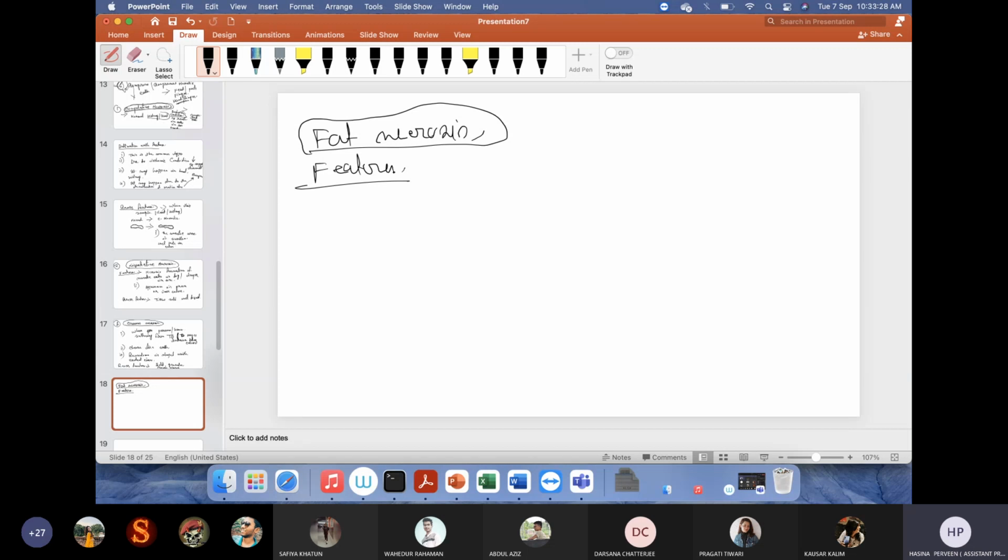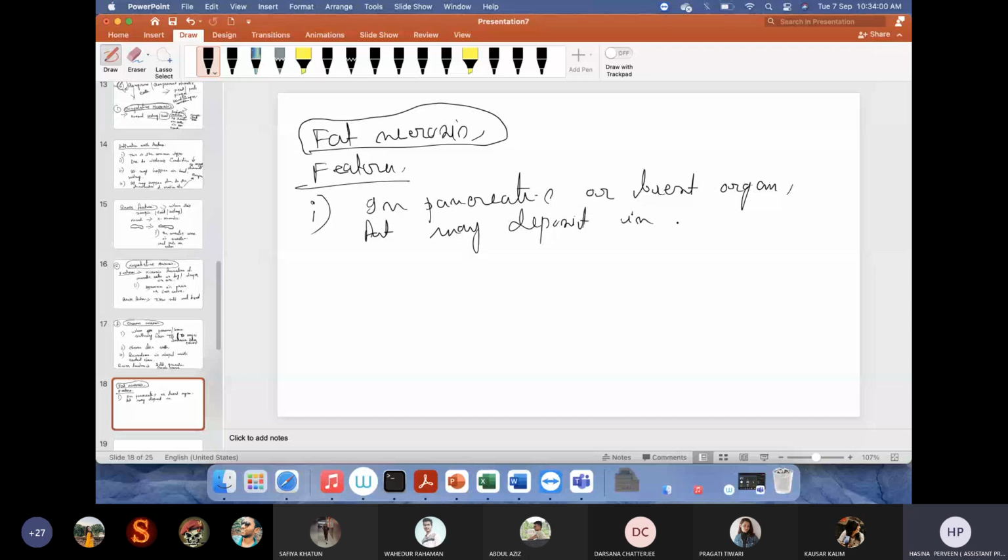So fat necrosis. Okay, that means in pancreatic or in breast organs, fat may deposit in the central area.